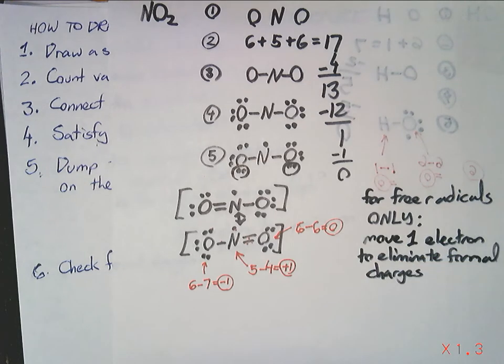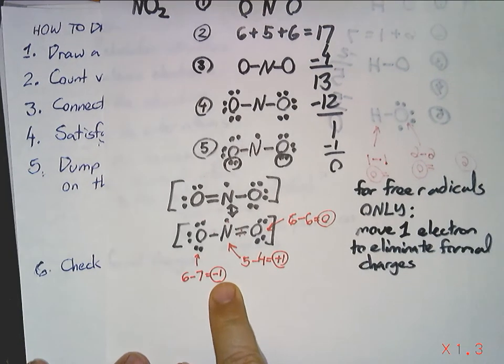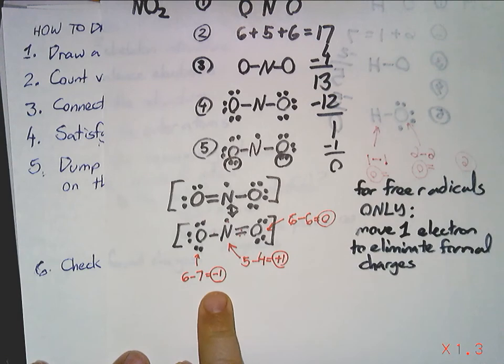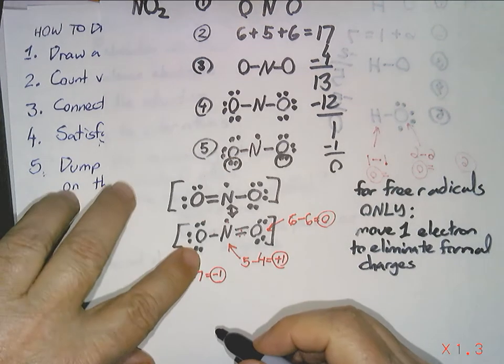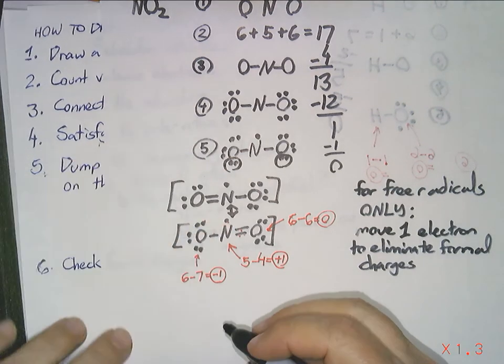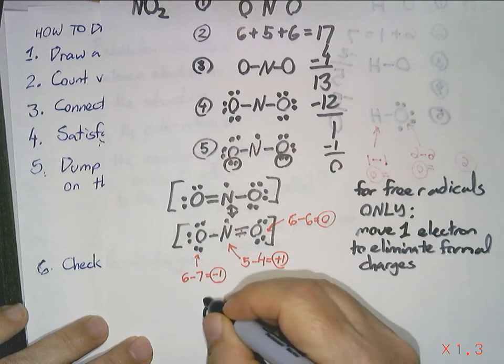Now, which formal charges am I eliminating? Well, I want to eliminate this -1 and this +1, and it kind of tells me what to do. This one has too many, and this one has too few electrons. So what I can do is take an electron off the oxygen and put it on the nitrogen. Let's try that.